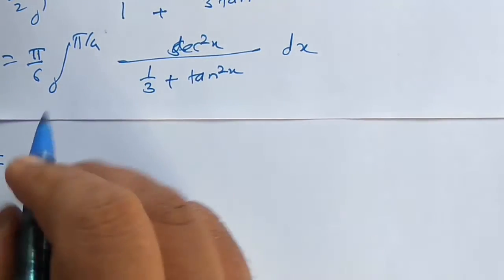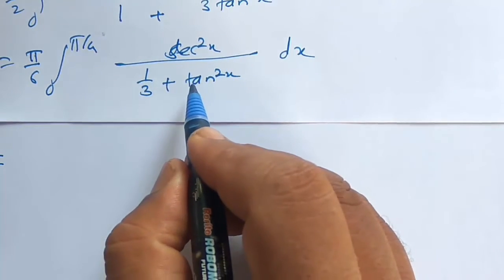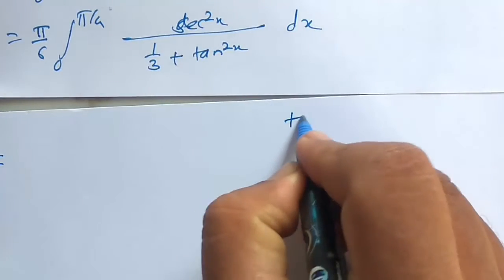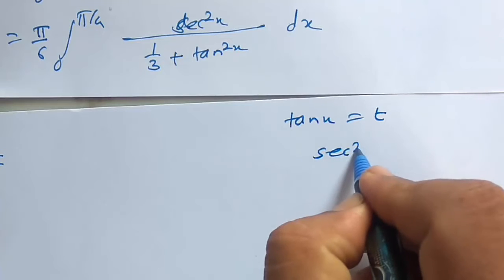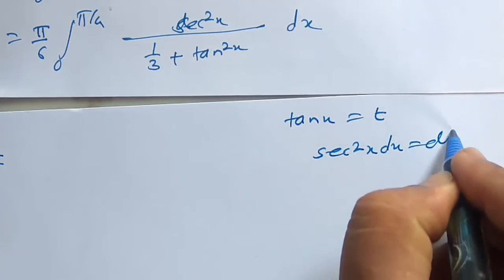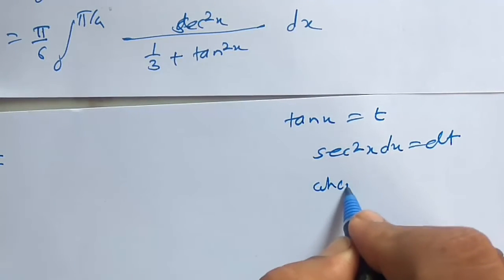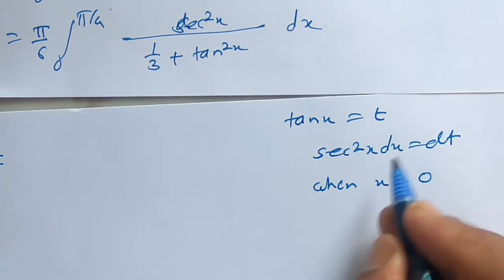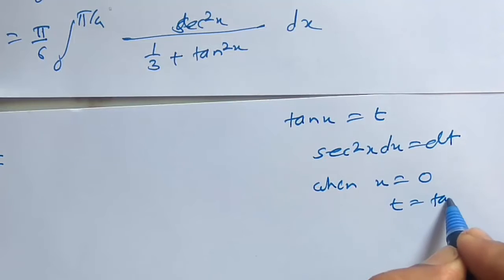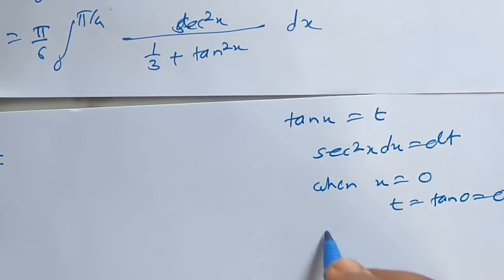Now put tan x equal to t. Its derivative is sec square x dx equal to dt. When we change the limits, when x is equal to 0, t is equal to tan 0, which is 0.